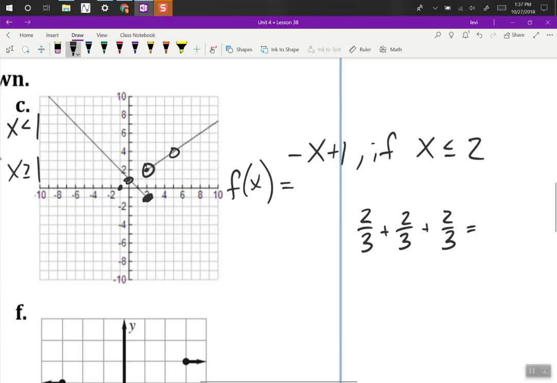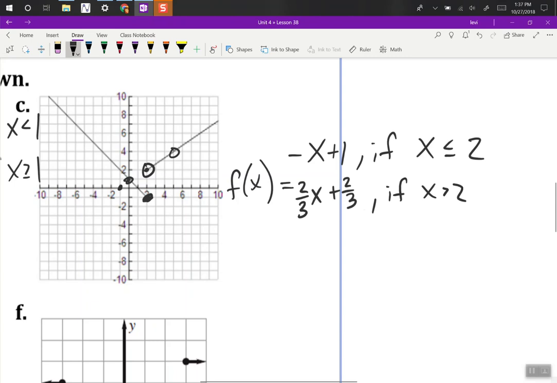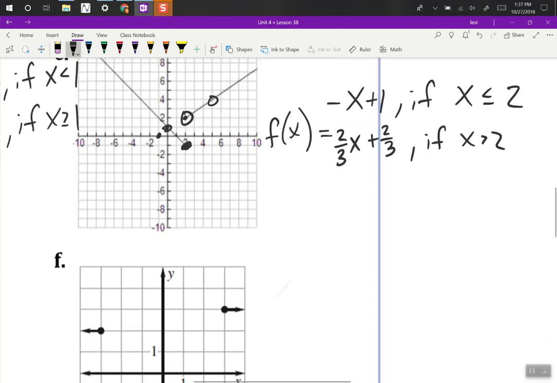So this point right here is 2/3. That's our y-intercept. So plus 2/3, and our slope was up 2 over 3. And our constraint is for x values that are greater than 2. And we're going to say that's an open circle. So that was tough because we need to find where that y-intercept was.